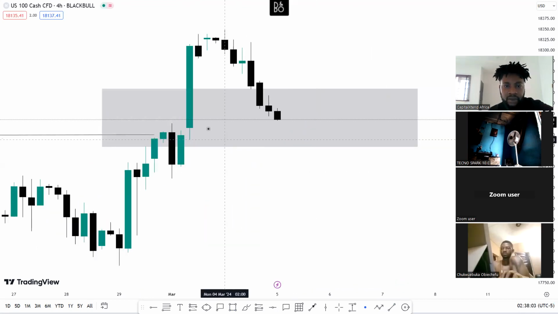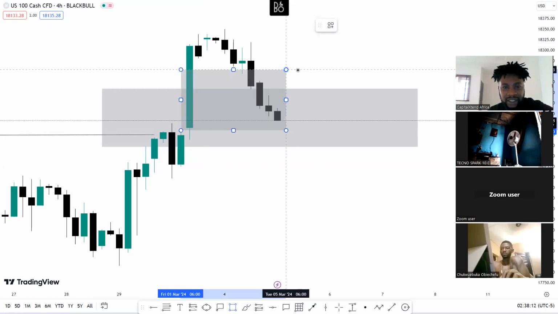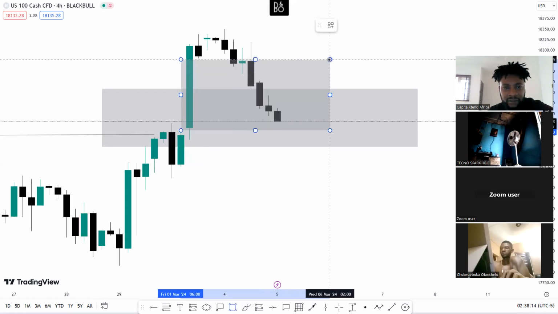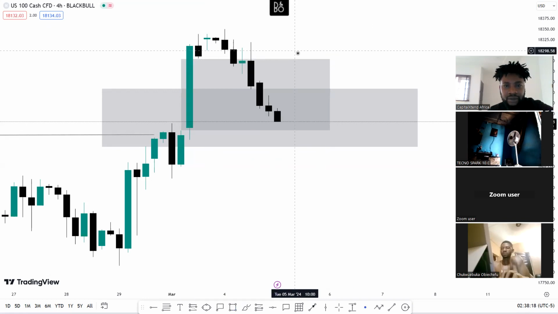Okay, so this is not my kind of trade because as it is now, price might give us an inversion from this 4-hour gap. So I just have to stay out of NASDAQ because this is not my kind of trade.